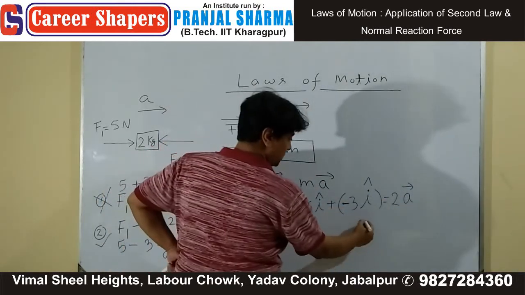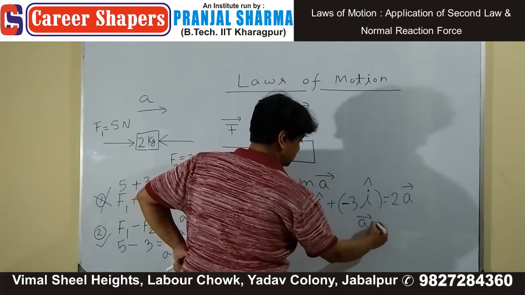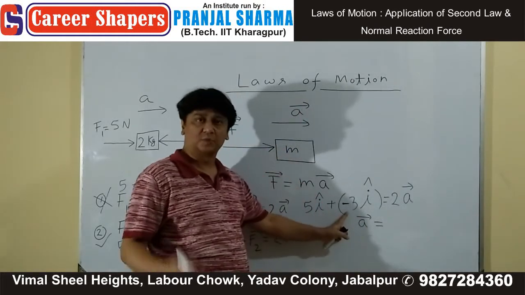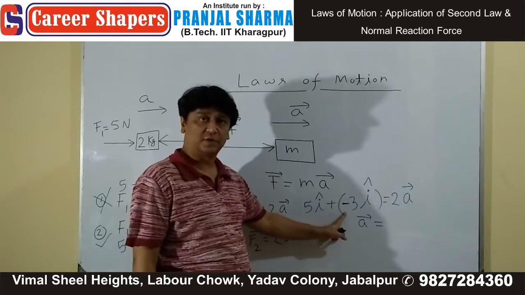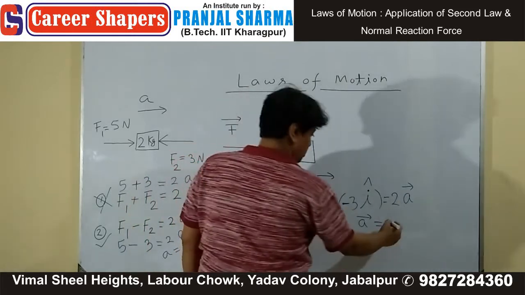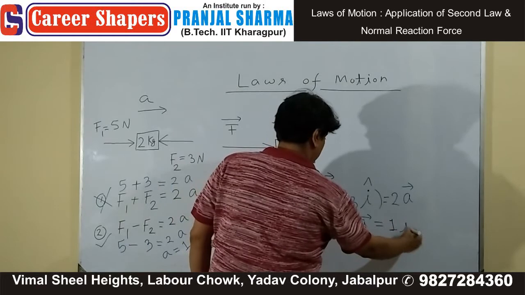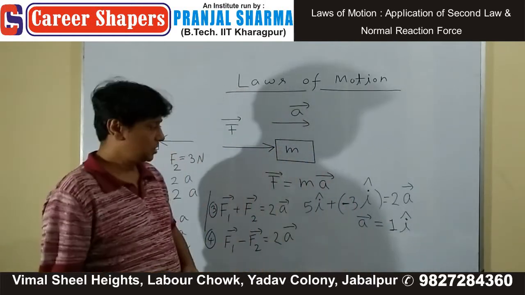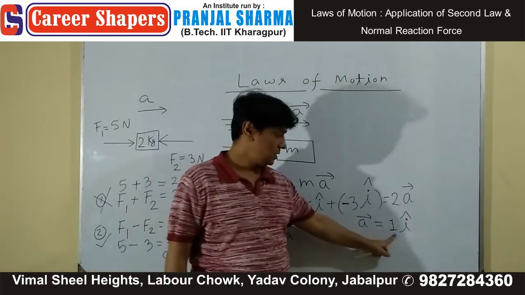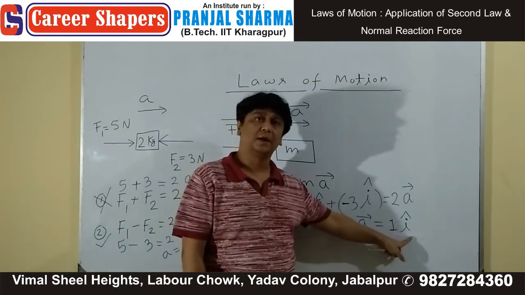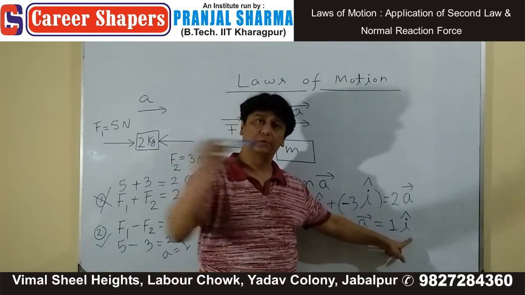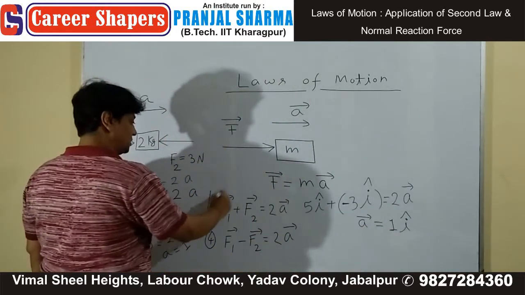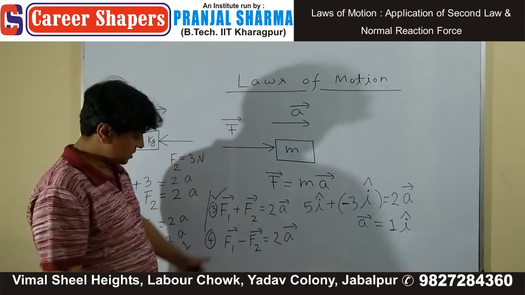This gives you what? a as 5 minus 3. This plus minus will become what? Minus. 5 minus 3 is what? 2. 2 upon 2, 1 i cap. So your acceleration is coming what? 1, which is the magnitude. i cap, that gives you direction. That means this third option is correct.